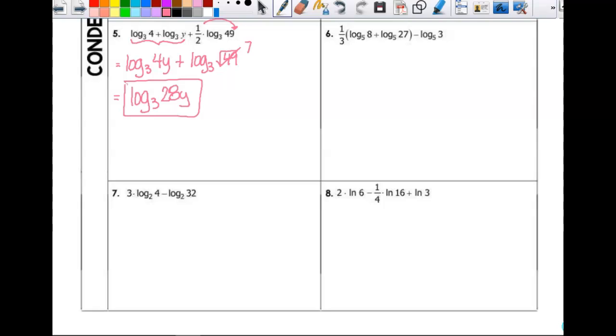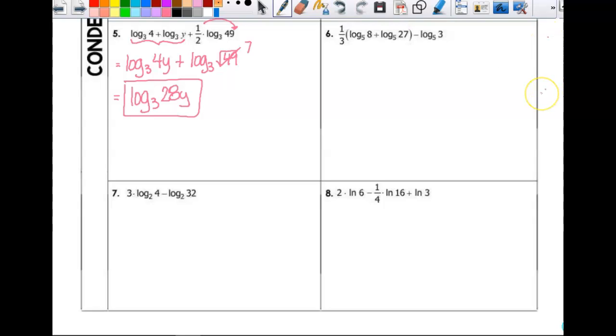All right. Now let's look at number 6. I've got a couple of options here. So I could combine this stuff in here first and then worry about the 1/3. If I do that though, I'm going to have to do 8 times 27, which is not super horrible, but it'd be nice if I didn't have to multiply big numbers.